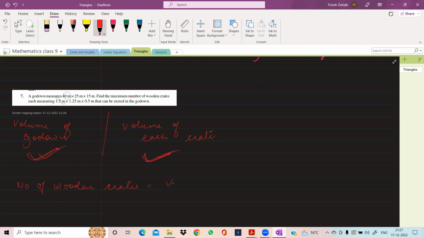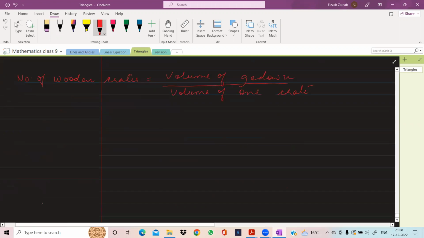So volume of godown divided by volume of one crate. This will give you how many wooden crates can fit inside this godown. Is that clear? So you have to complete this. It's not that tough.